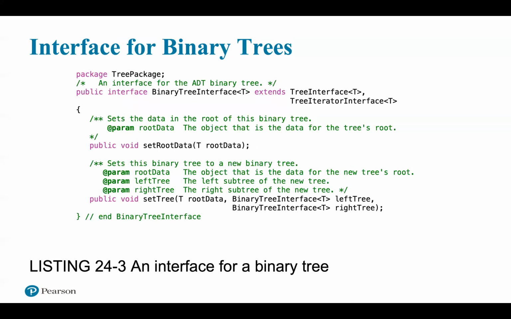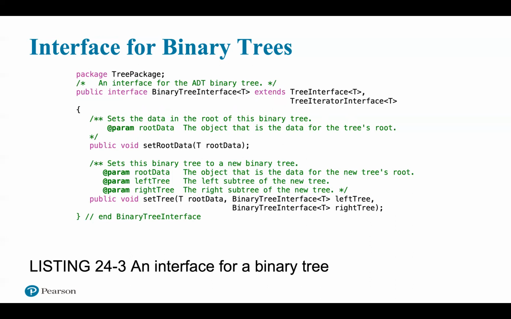For an interface for binary trees, many applications of trees, in fact, use binary trees. We could use a Java class of general trees for such an application, but using a special class of binary trees is more convenient and efficient. Because binary trees occur so frequently, developing special Java classes for them is worthwhile.